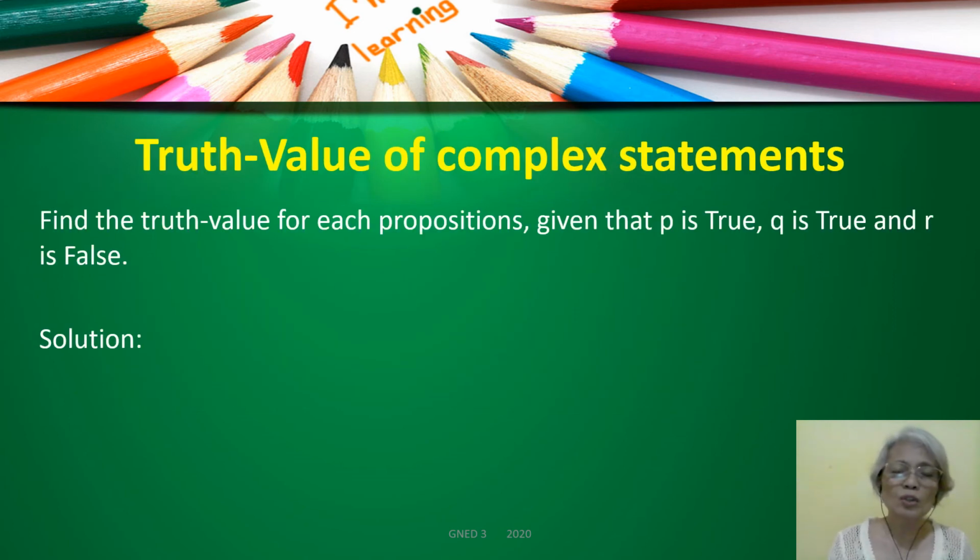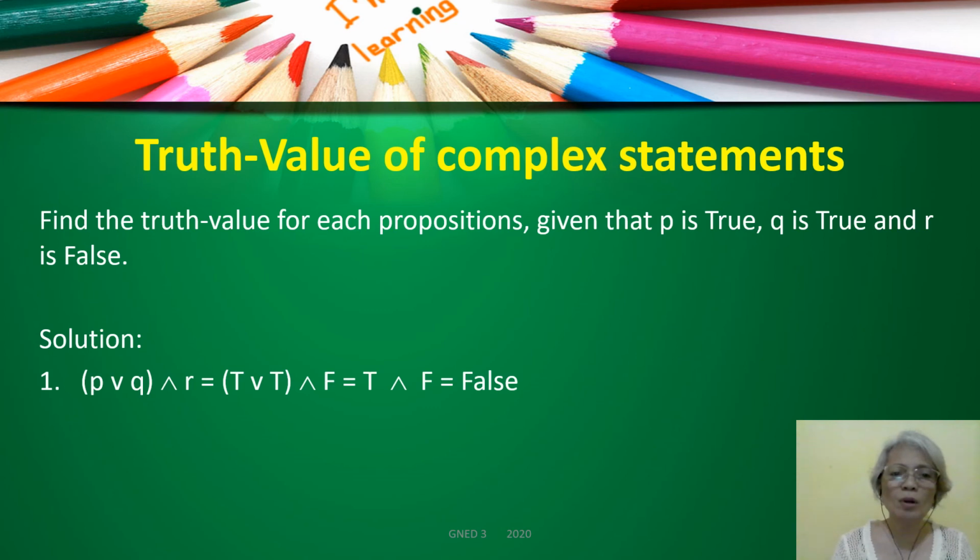Okay, so let us try to find the truth value of complex statements. Here, for example, we are given that P is true, Q is true, and R is false. For example, we have the quantity P or Q and R. How do we solve the truth value of complex statements? We must be familiar with the rules. Ano na nga yung rules? I-recall natin.